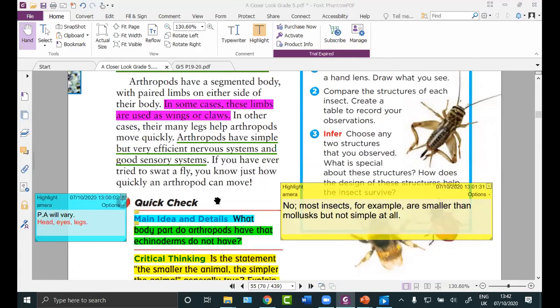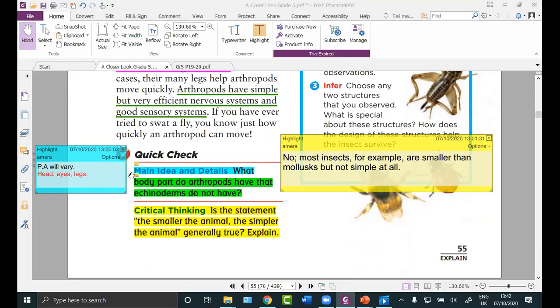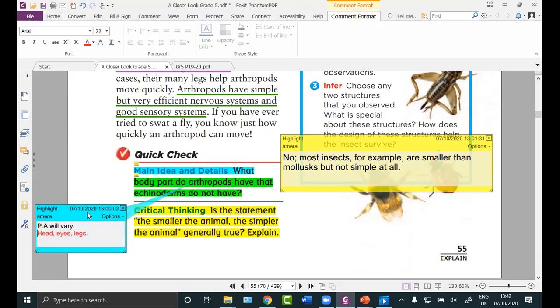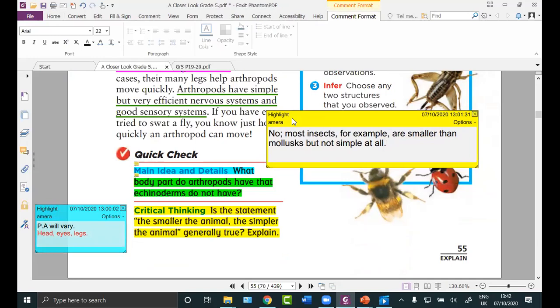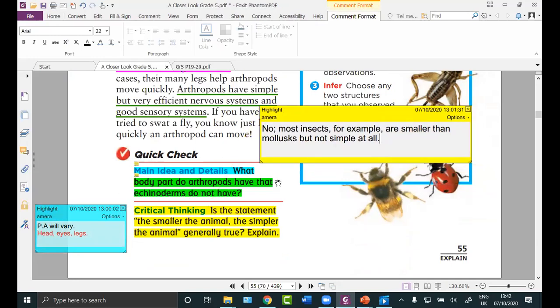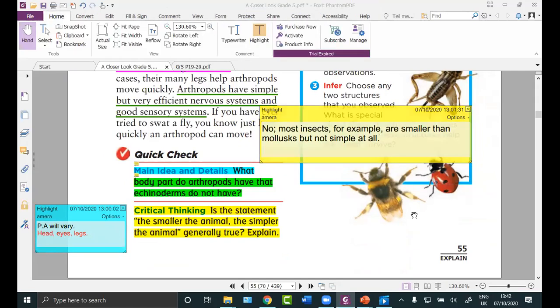What are vertebrates? Read the quick check. We'll go to what are vertebrates, but we have to check the quick check first. Have you finished the quick check? Check your answer.